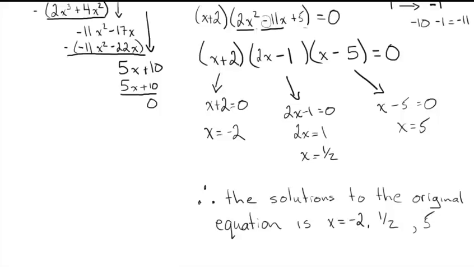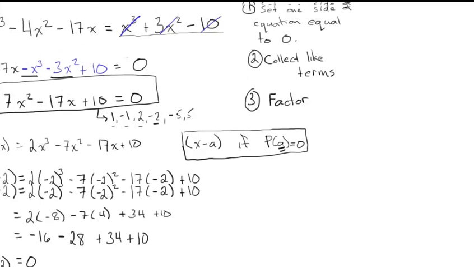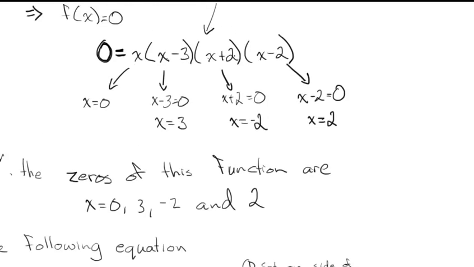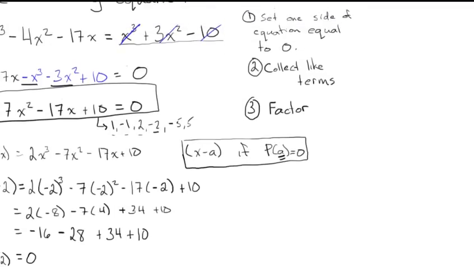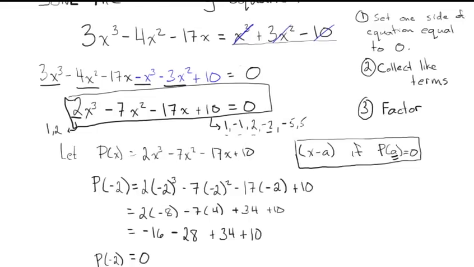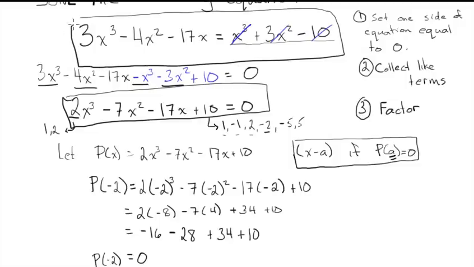So there's 3 solutions. So looking back at what the original equation was, where was that original equation? Oh, I've gone too far. Here's the original equation. Right here. 3x cubed minus 4x squared minus 17x equals x cubed plus 3x squared minus 10.